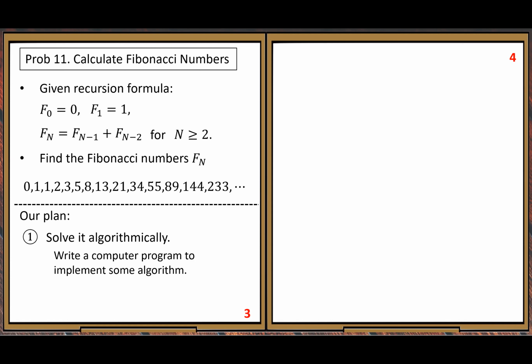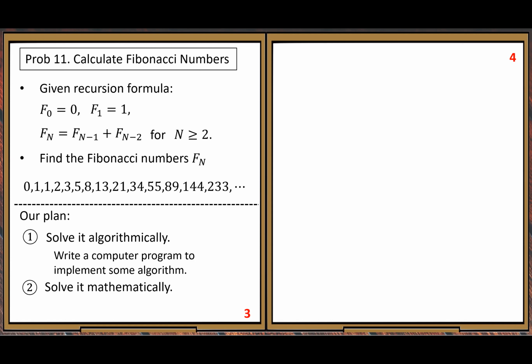We will compare different ways to implement this recurrence relation. Number two, solve it mathematically. On paper, we want to solve this recurrence relation to derive a formula for it.